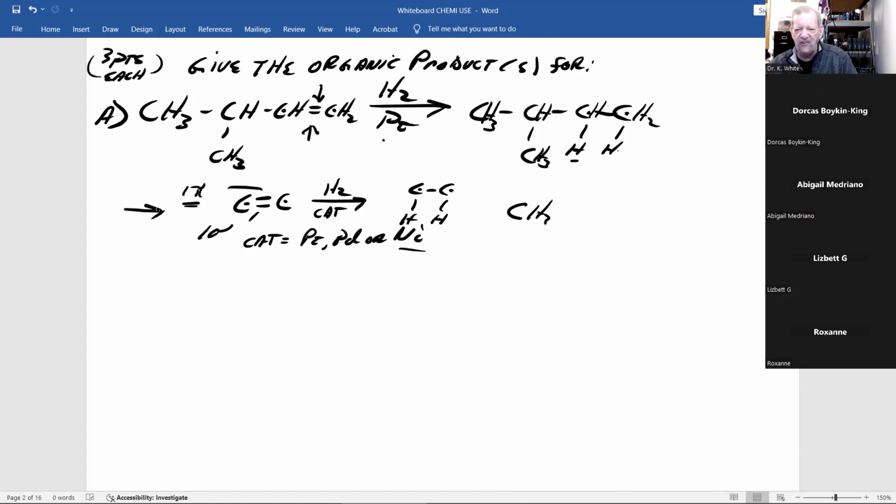If you want to write the structure this way, either one of these would be correct. This would be a little closer right here, but this way is one less step for you to mess up, so that's why I'm being nice. And that's how you do general reactions.